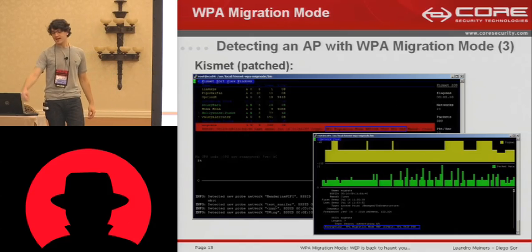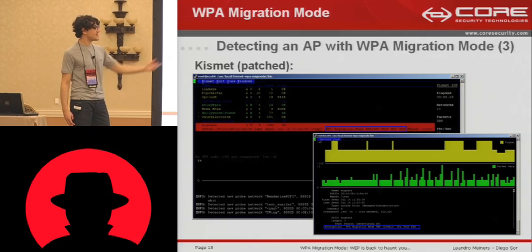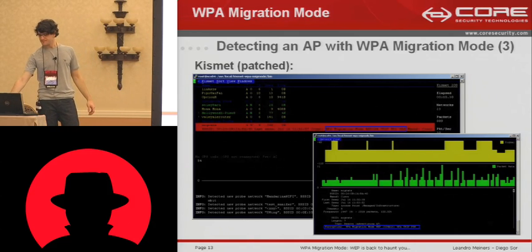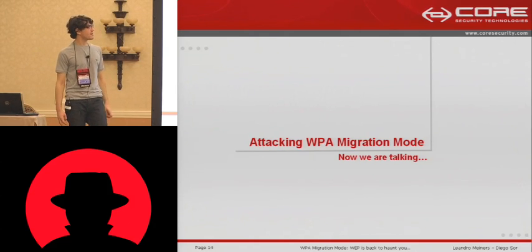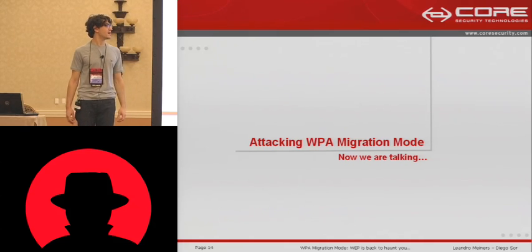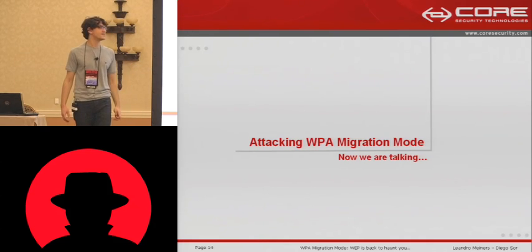And then the details of the AP, the SSID, the ciphers, and all this information that is shown in the capture. So now Leandro is going to talk about how to attack. We presented the migration mode, and Leandro is going to talk about how to attack these APs.